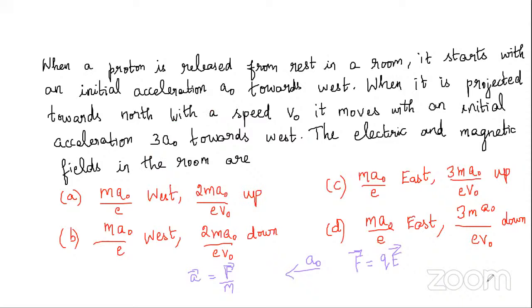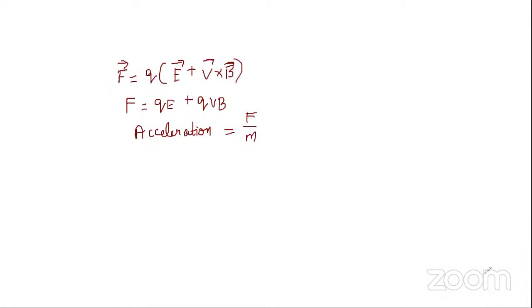They have not given, so let us consider that it is m. Q is nothing but the charge of the proton, so let us consider that it is e. So the acceleration is e into E, where E is the electric field, plus e into initial velocity v naught into B, divided by m.